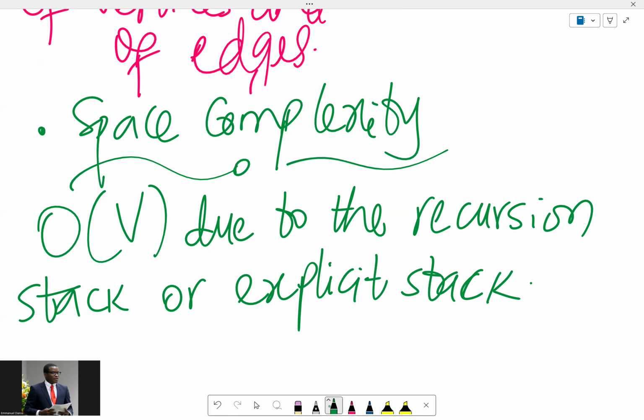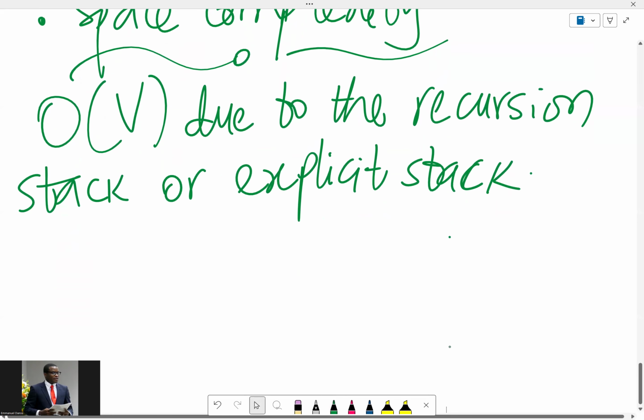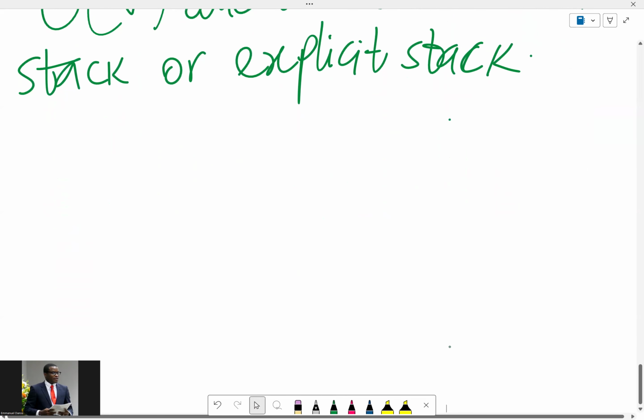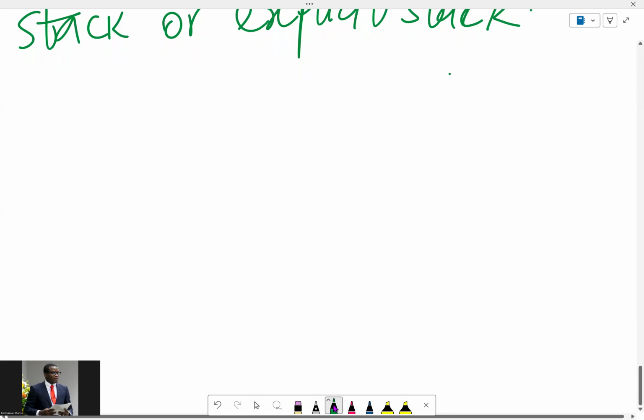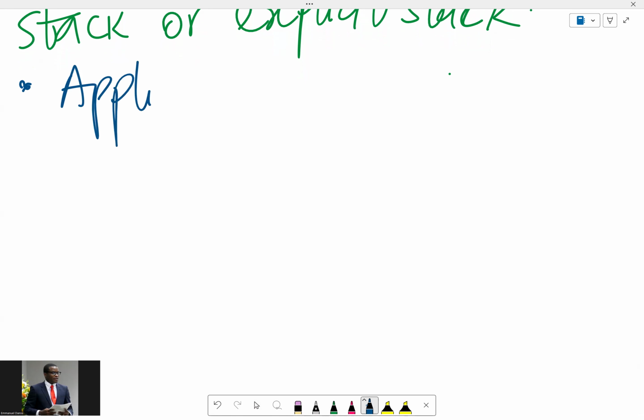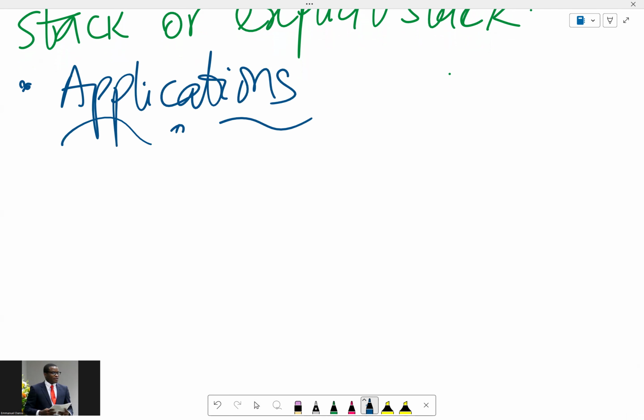Another property is about the applications. What are the applications of the depth first search algorithm for traversing a graph? So this is very helpful in detecting cycles.